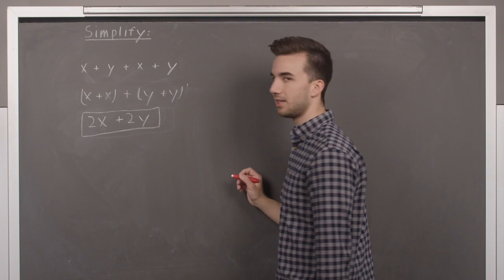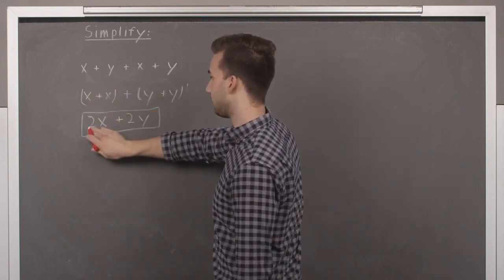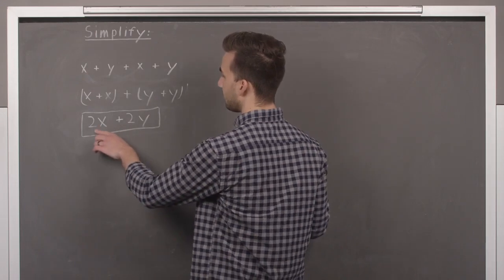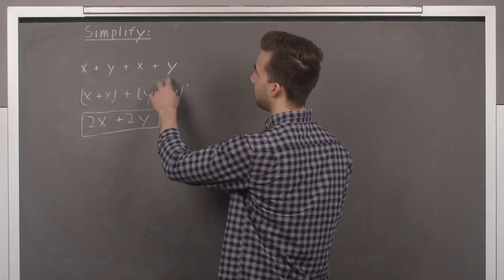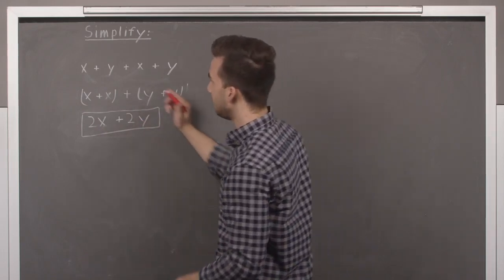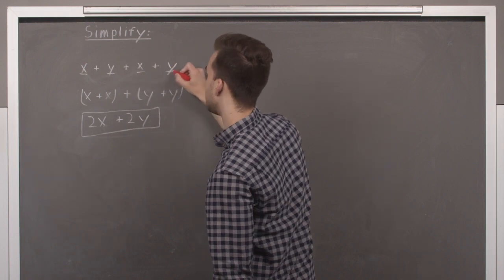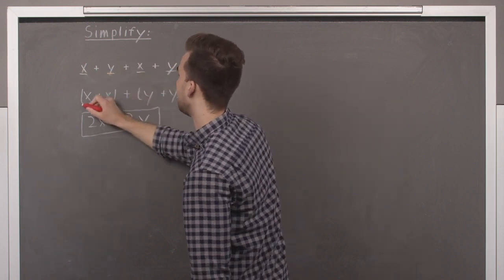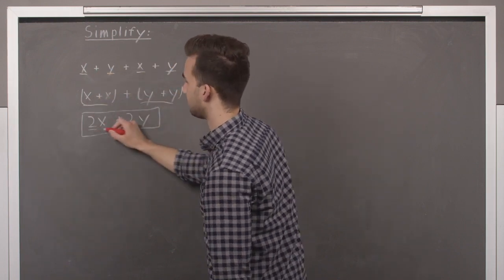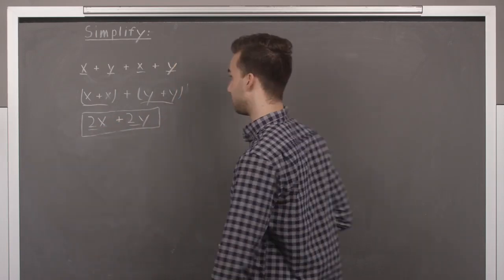Once again, what we did was we combined all the x's into one term here, and then we combined all the y's into one term. Once again, a term is just a piece of the expression. Like these are all terms, and then these are terms, and these are terms. But this is our solution for this example.